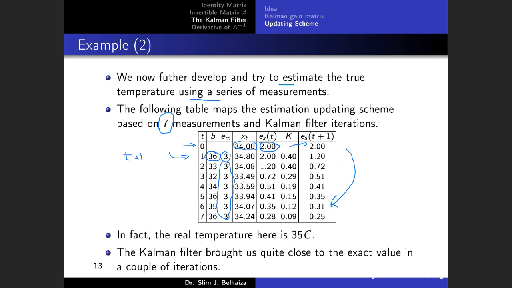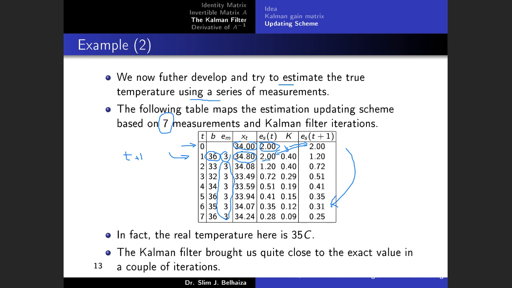So this is the result we found back in the previous slide, 34.8, and here we updated the K coefficient. Okay? So basically, we used the same error with which we entered the iteration, the estimation error 2, and the measurement error to update our estimation, which is 34.8.